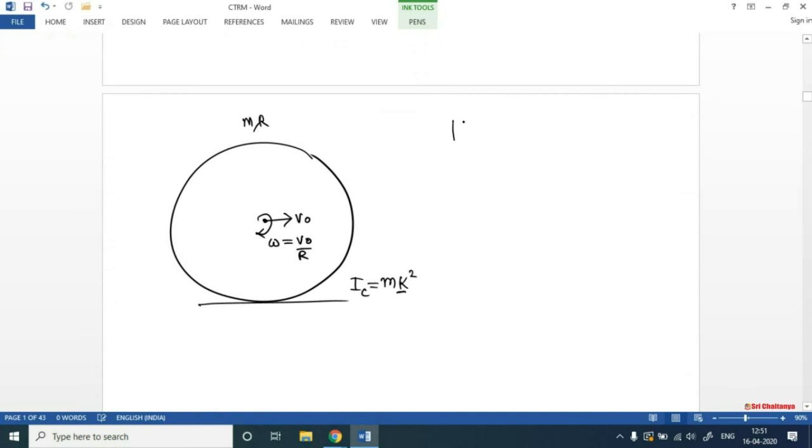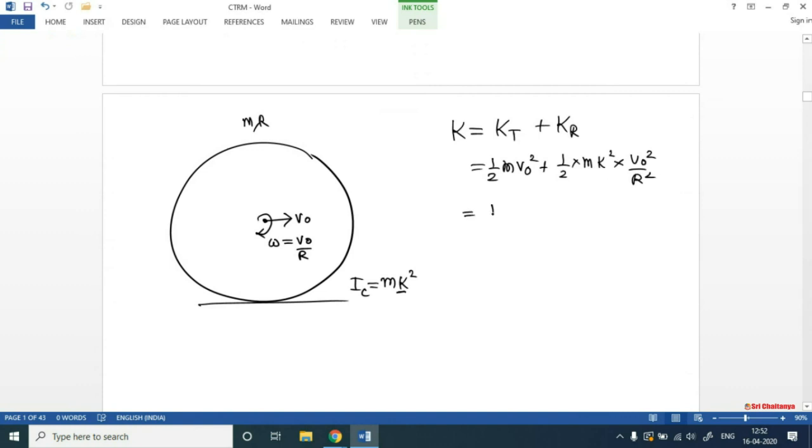So K would be equal to the translational form of kinetic energy plus the rotational form of kinetic energy. The translational form is simply half m v naught square, and the rotational form is half into I, which would be m k square, into omega square, and omega square will be v naught square by r square.